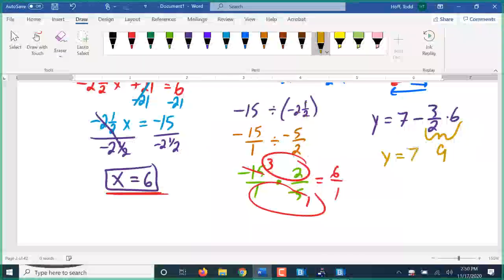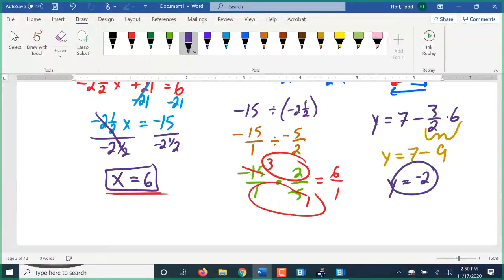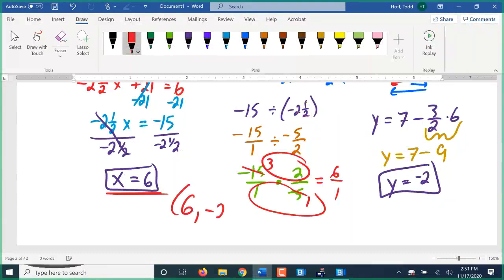So this is y equals 7 minus 9. 7 minus 9 is a negative 2, so y equals negative 2 is our result for y, giving us the ordered pair 6, negative 2. Well, that's what we had just found from our graphing. So that confirms that answer.